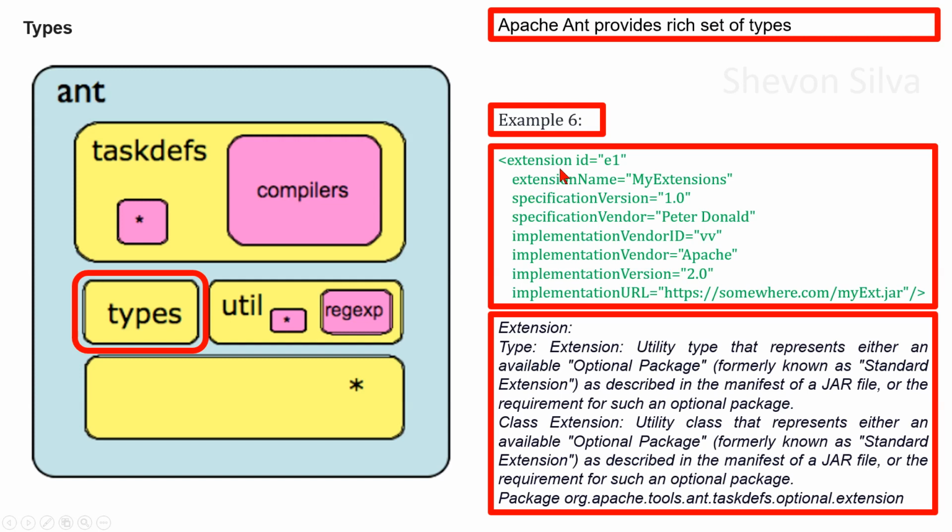Here you can see the fully specified extension object. With regard to API, we can consider class Extension, a utility class that represents either an available optional package, formerly known as standard extension, as described in the manifest of a jar file, or the requirement for such an optional package. This is in the package org.apache.tools.ant.taskdefs.optional.extension.